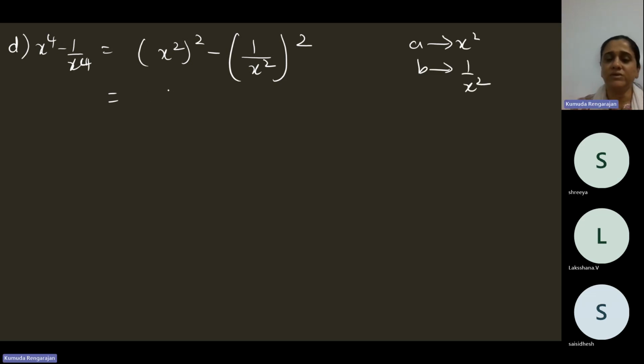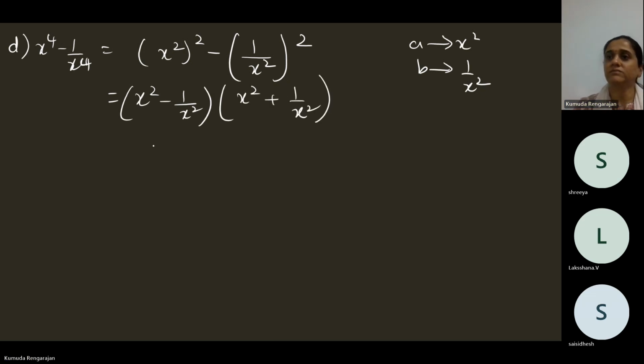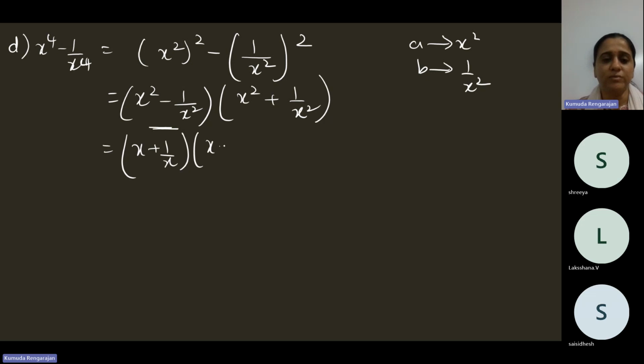So a squared minus b squared is a minus b into a plus b. Now this can be further factorized because again this is of the form a squared minus b squared. So a plus b, x plus 1 by x, into a minus b, x minus 1 by x, into x squared plus 1 by x squared.